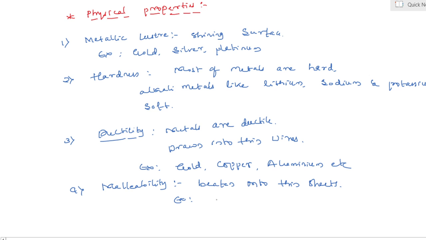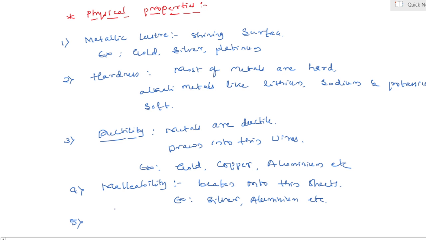Example, silver, aluminium, etc. Yes, malleability means most of the metals are said to be malleable. It is the property of metal due to which it can be beaten into thin sheets. Yes, gold, silver, aluminium are common examples of the physical property malleability. Yes, my dear students.